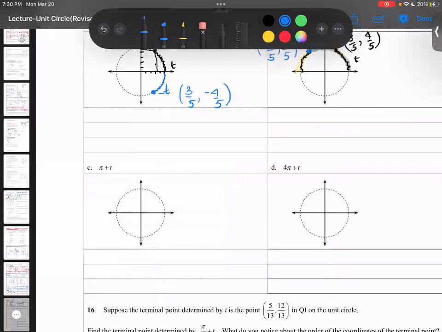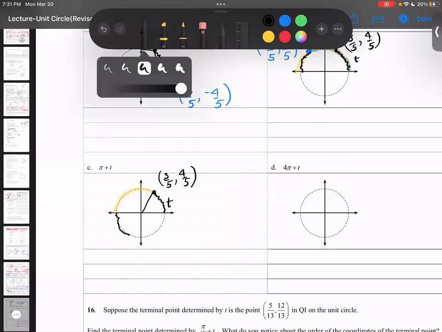C, pi plus t. T is (3/5, 4/5). Pi plus t. So pi is this much, plus another t distance. So plus another t like that. There you go.